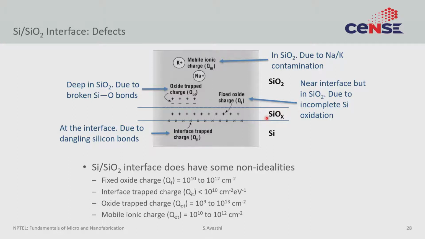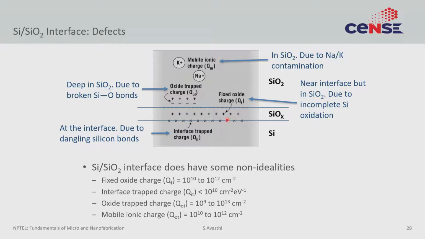This lack of stoichiometry would mean that there are some amounts of defects because of that. Those are typically called fixed oxide defects, or QF. They tend to happen very much at the silicon dioxide interface, but in the silicon dioxide.